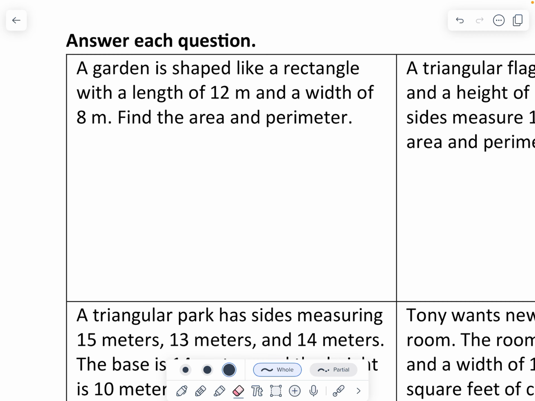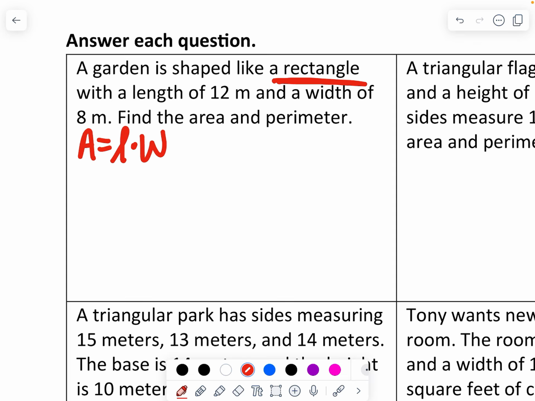So my key word is rectangle. Since it's a rectangle, I know my formula for area of a rectangle is A equals length times width. It gives me the length, which is 12 meters, and the width is 8 meters. So we're going to have 12 times 8.